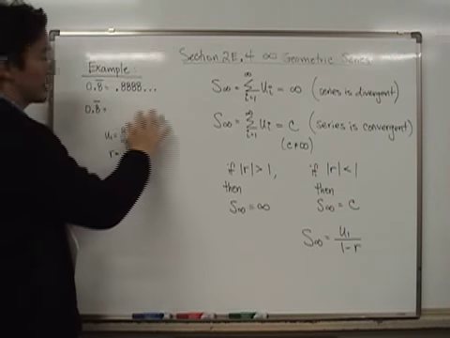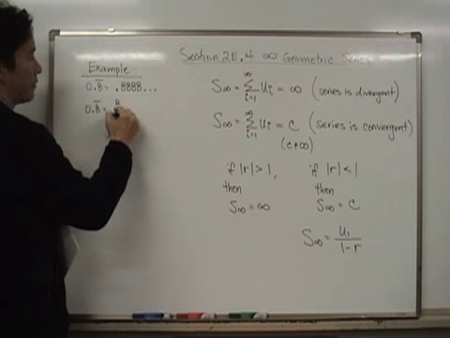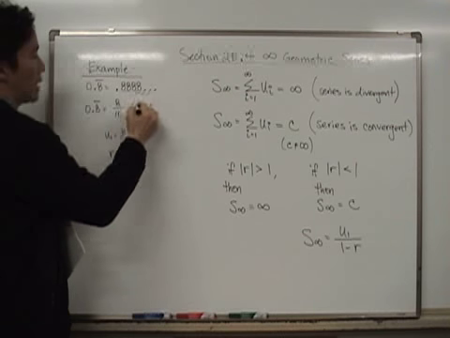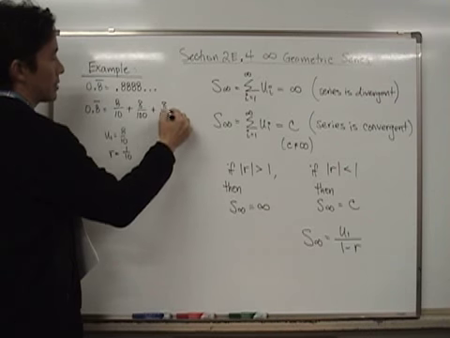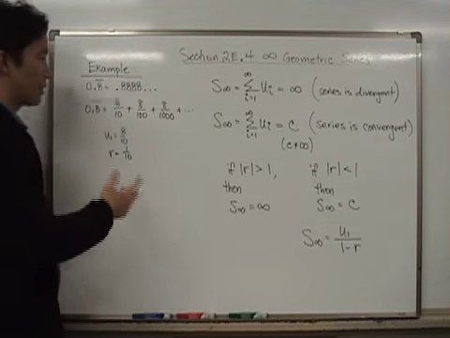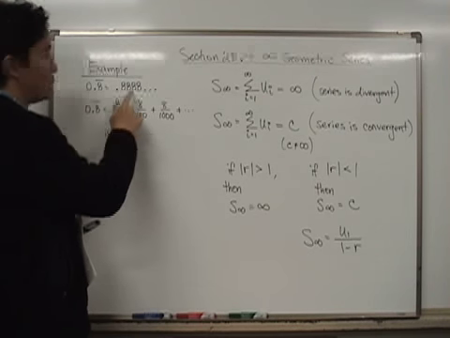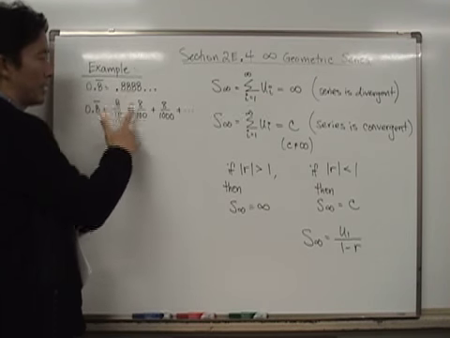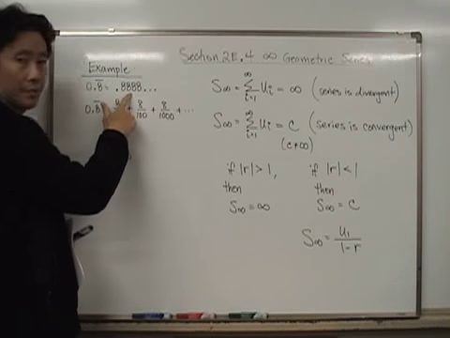This is what that series representation would look like: 8 divided by 10, plus 8 divided by 100, plus 8 divided by 1000, and I would just continue on. So hopefully it is apparent that this is the geometric series representation of this.